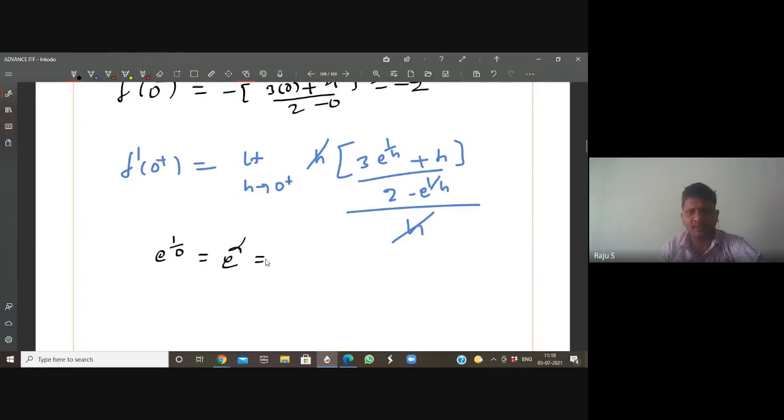E to the power of infinity is infinity. When I substitute directly in place of h, we are getting infinity. So finally 3 into infinity plus 4 is infinity, by 2 minus infinity is minus infinity. So infinity by minus infinity value is what?